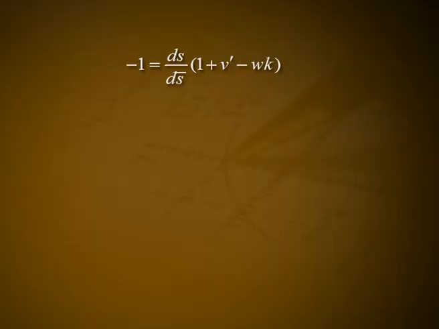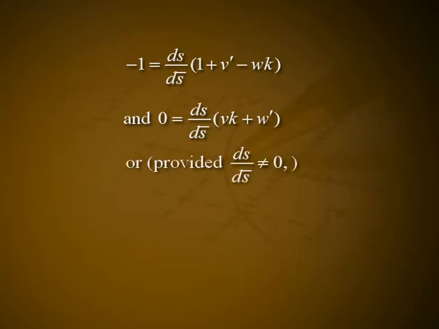Comparing the coefficients of t and n, we have −1 = ds/ds bar (1 + V' − Wk) and 0 = ds/ds bar (Vk + W'), or, provided ds/ds bar is not equal to 0, 1 + V' − Wk + ds bar/ds = 0.